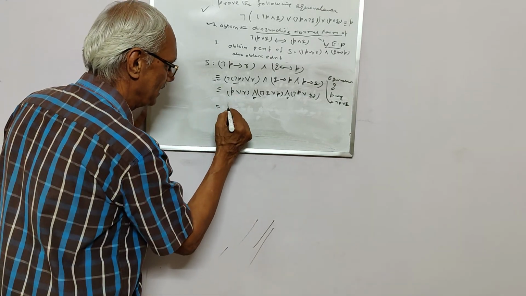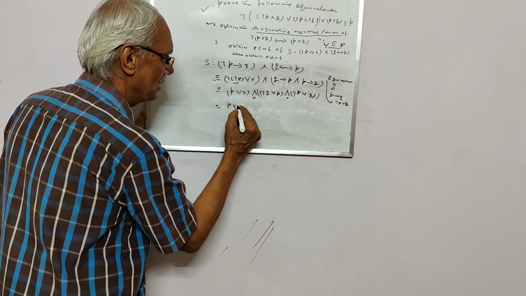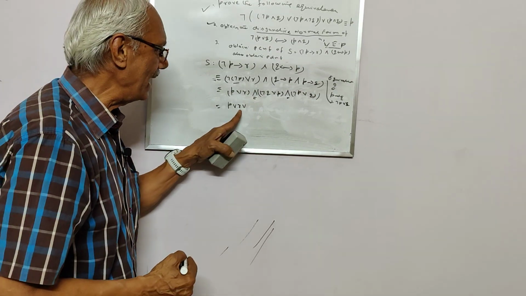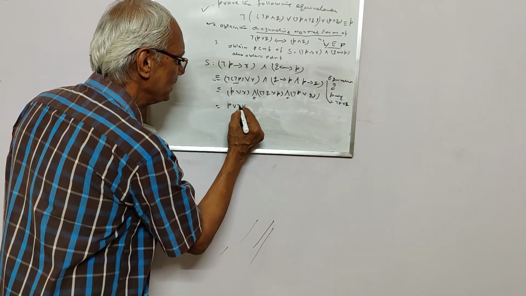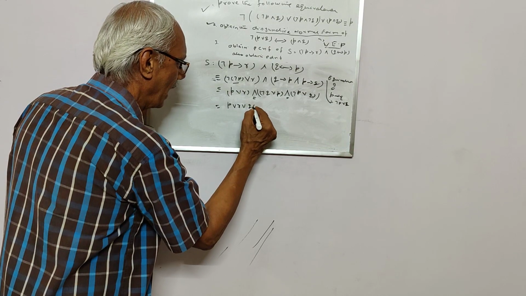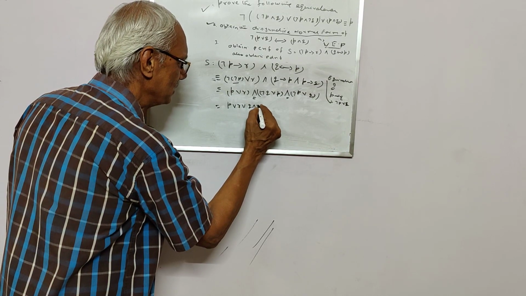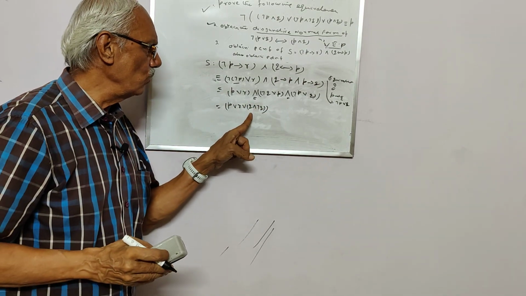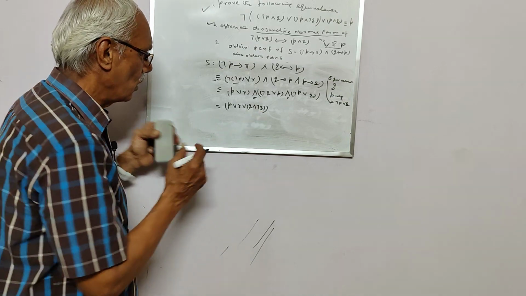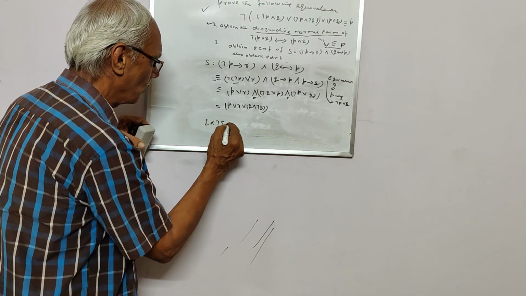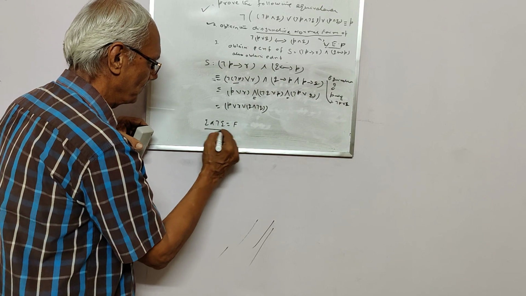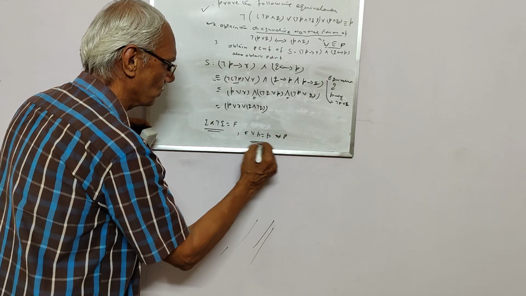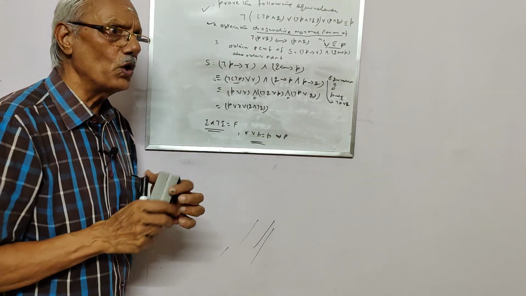So what I do here is P disjunction R, then I add this disjunction, and what is missing here, Q, I write it as Q conjunction negation Q. Now you read this: Q conjunction negation Q. What is Q conjunction negation Q? Whatever the value of Q is, this is your F, and F union P is equal to P for all P. This is true. So you must know, I am bringing in two ideas here.